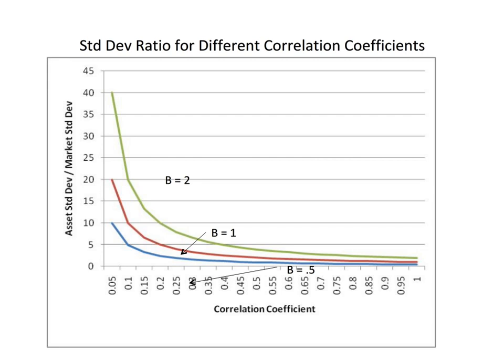As you can see here, as the correlation coefficient ranges from 0, we can have very high ratios of standard deviation to standard deviation, particularly for betas above 1. And as that correlation coefficient gets closer to 1, the ratio of asset standard deviation to market standard deviation declines.